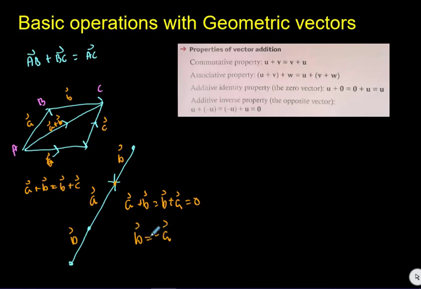You can see these properties hold pretty solidly, since u plus our 0 vector, by the additive property, is 0 plus u, and you're going to get u. And then if we take our opposite, we're going to end up with the 0 vector. So that's what this is.